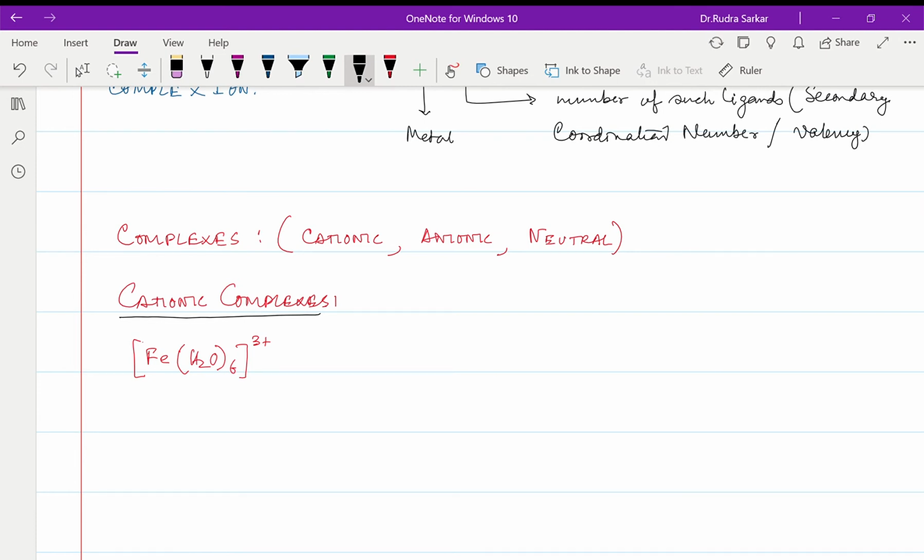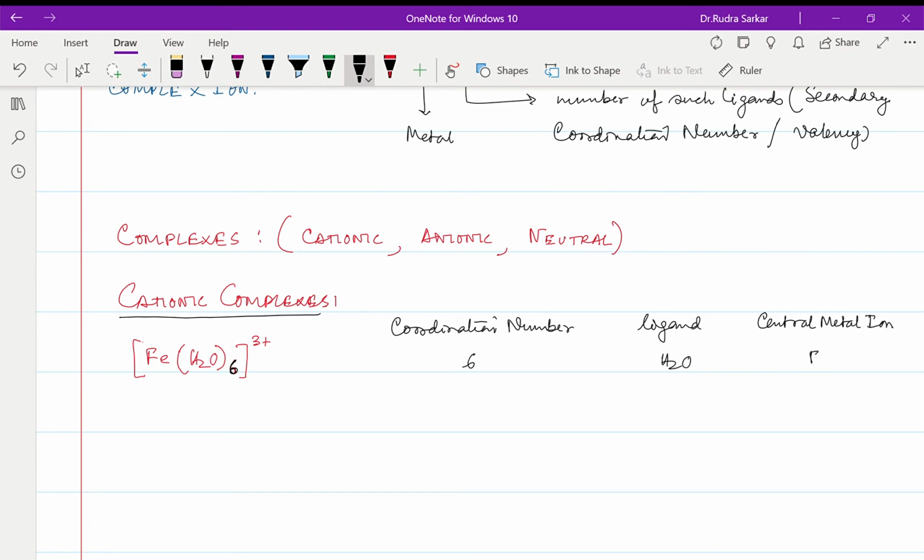As you can see over here, there are 6 such water molecules. So if somebody asks the coordination number, what should be my answer? 6. If somebody asks what the ligand is, we will say it is H2O. What is the central metal? Iron.